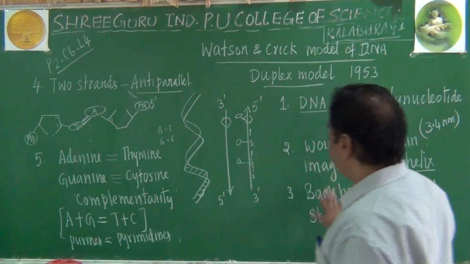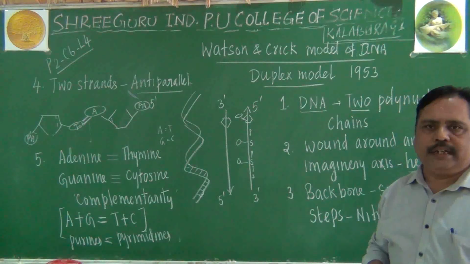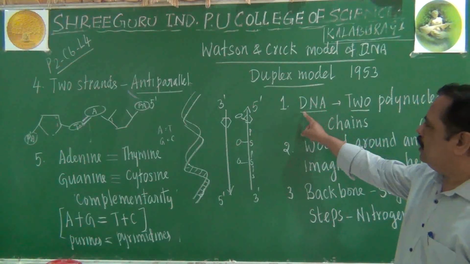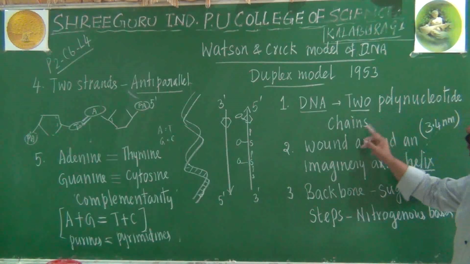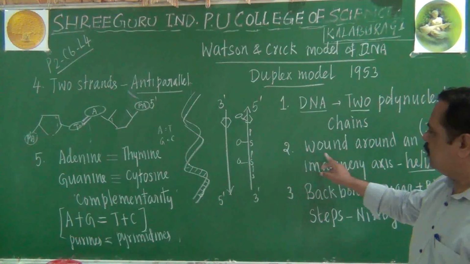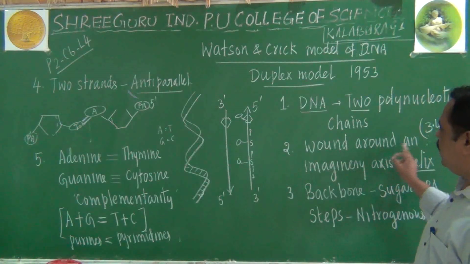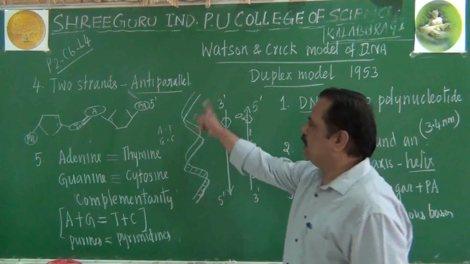So students, let me recall this point related to the duplex model of DNA. Please listen. First point: DNA is made up of two polynucleotide chains. Second point: they are wound around an imaginary axis like a helical staircase, otherwise like a helix.